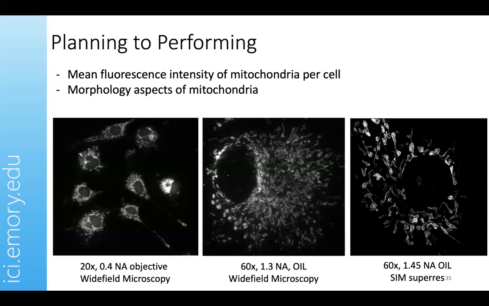So if you are doing drug studies where you want to know the effect on the morphology of the mitochondria, planning your experiment in advance can really help you, okay?